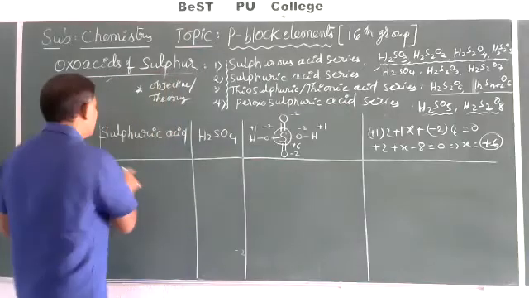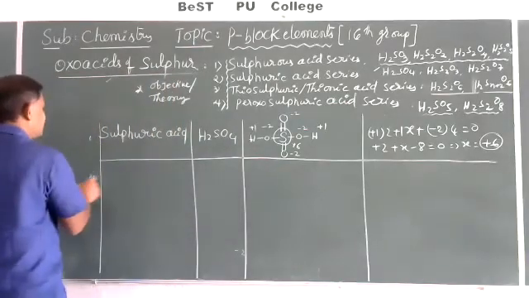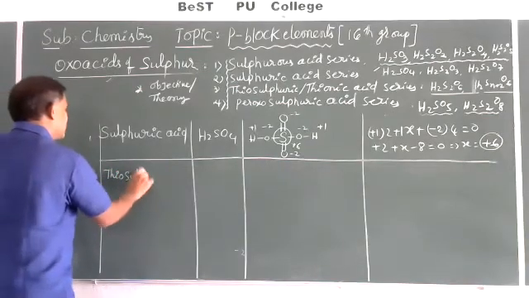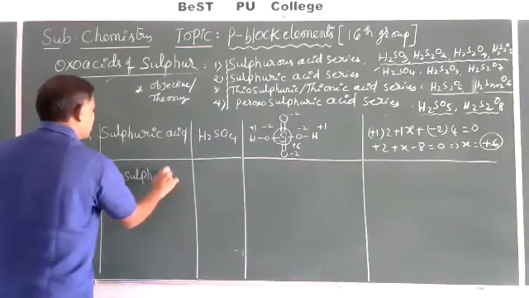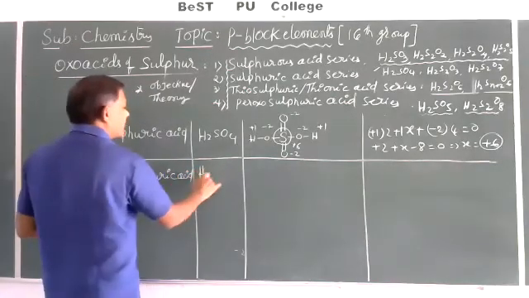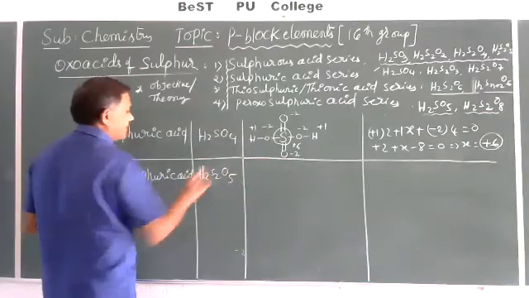Next, the second one is thiosulfuric acid. Its formula is H2S2O3.